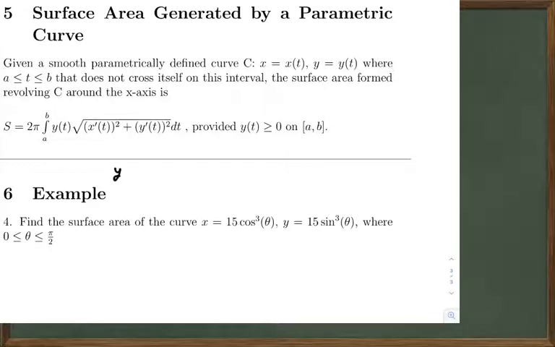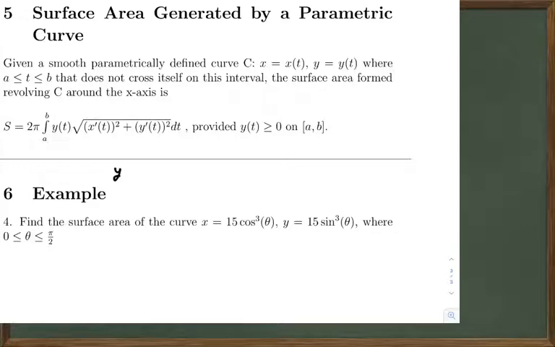The surface area formed revolving C around the x-axis is given by s equals 2 pi, integral from a to b, y of t, square root of x prime of t squared plus y prime of t squared, that's the end of the square root, dt, provided that y of t is greater than or equal to 0 on this interval a b. Again, I think the derivation of this is in your textbook. It's similar to the surface of revolution formula in rectangular form.